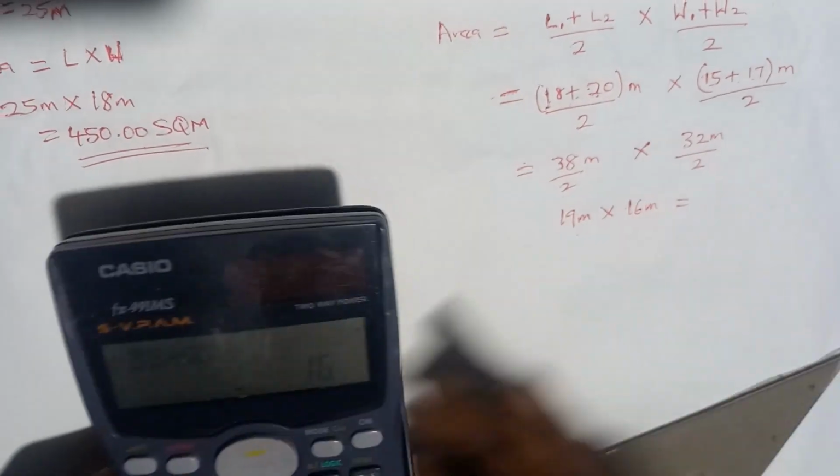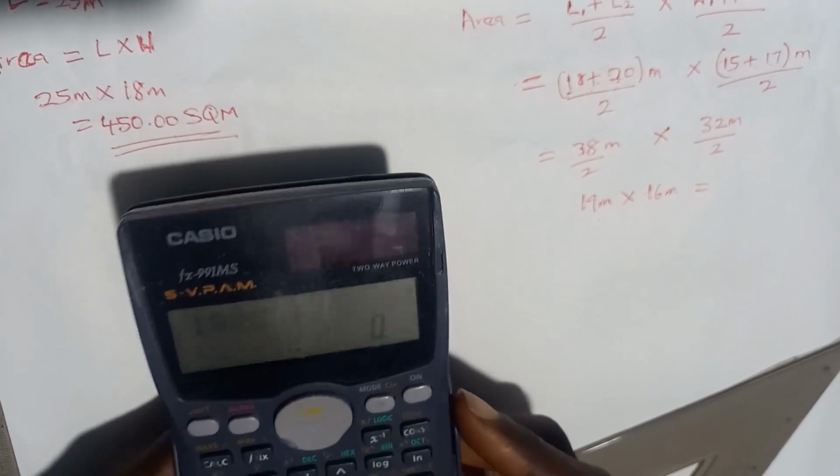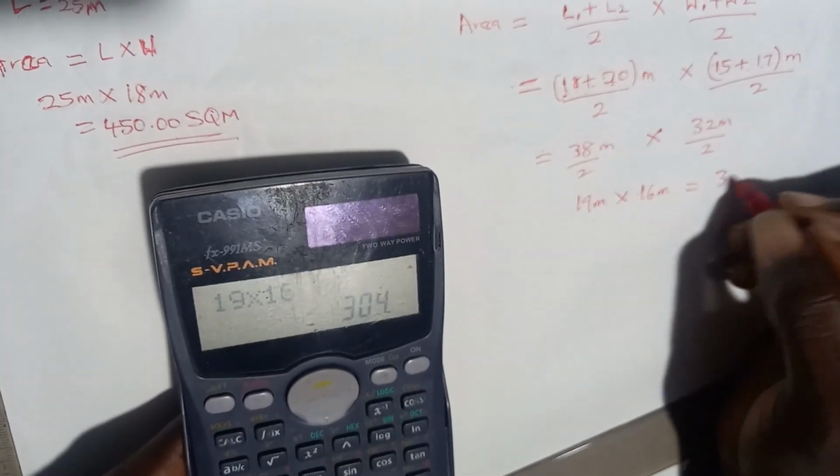So 19 multiplied by 16, then we have 304.